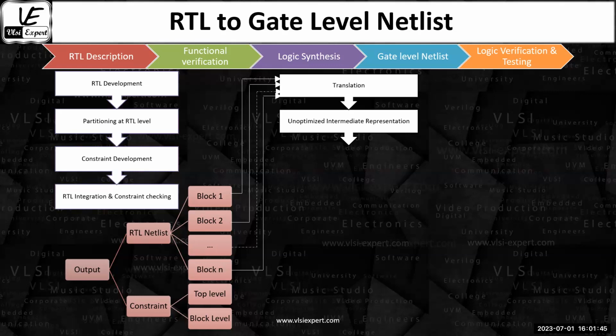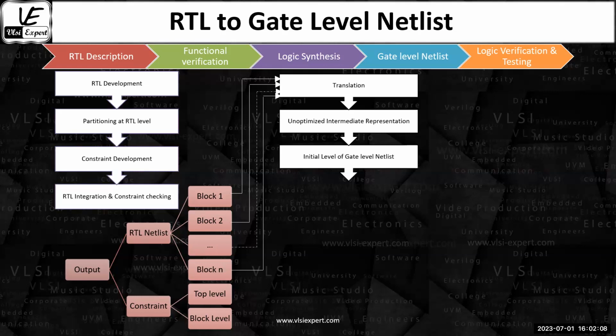So it will say AND and an inverter only. Optimized is to convert that AND and inverter into a NAND. So unoptimized means whatever you have written, it will just convert into an intermediate representation. Then it will work on that particular part and give you a first level gate level netlist.